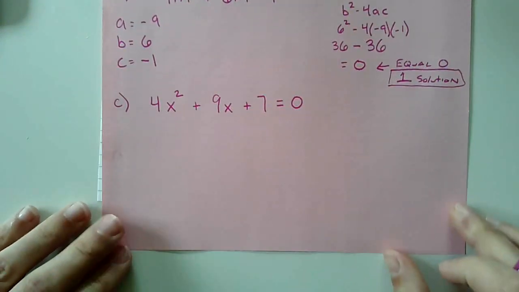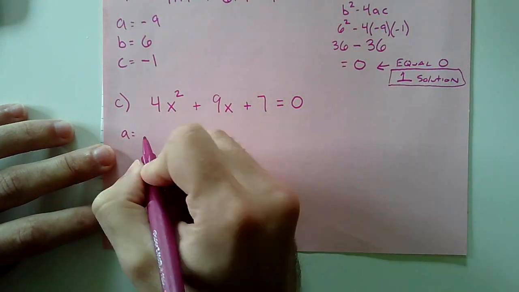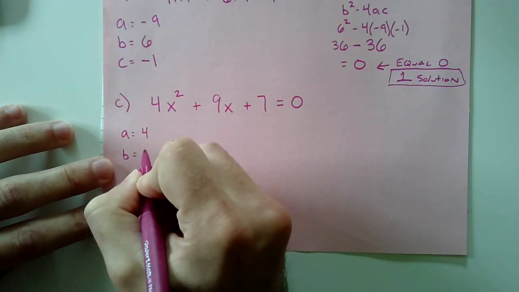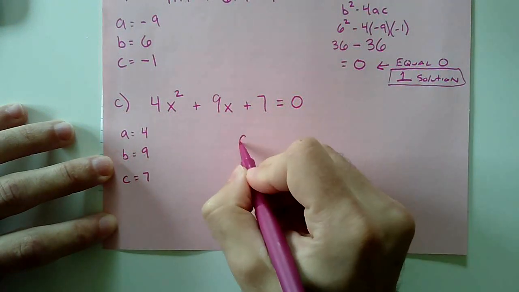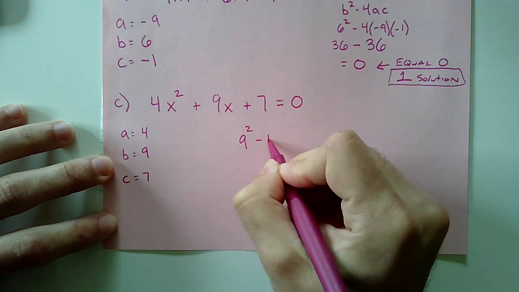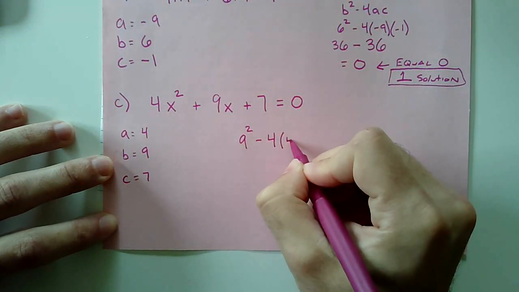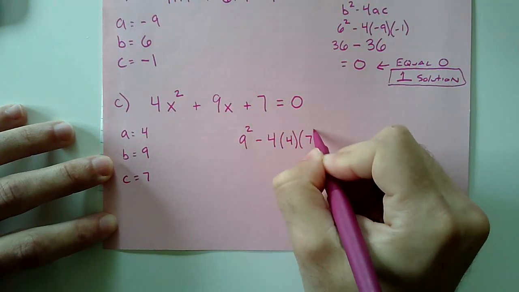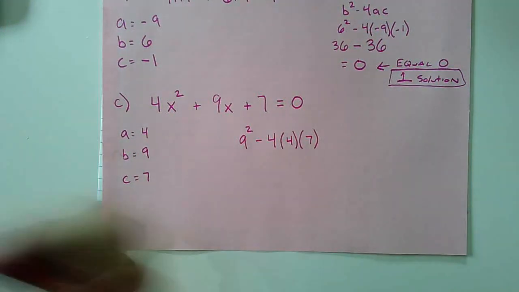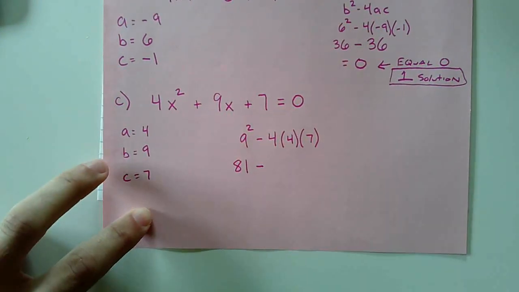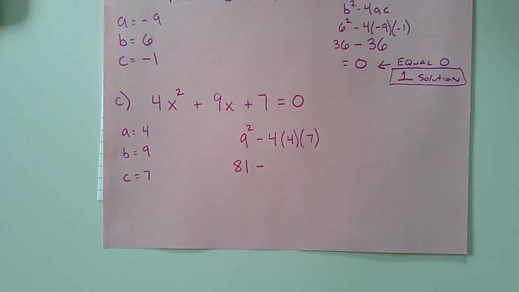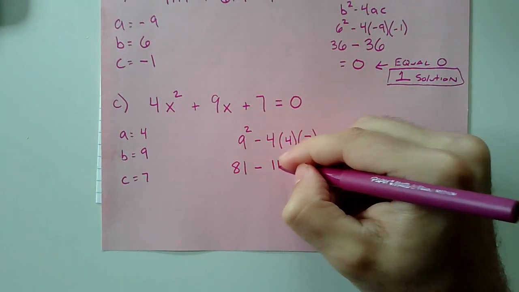And example 3. A equals 4, B equals 9, and C equals 7. So we need b squared minus 4 times A, which is 4, times C, which is 7. So we have 9 squared, 81, minus 4 times 4 is 16, and 16 times 7 is 112.